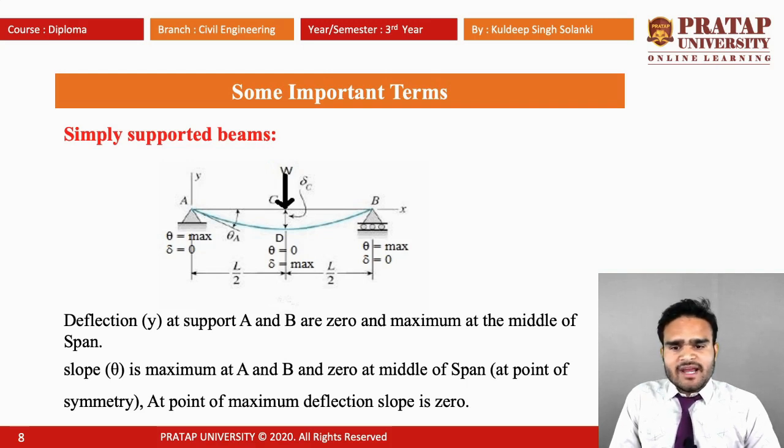Deflection y at A and B is 0 because supports are available, and maximum deflection is at middle span, below the point load. Slope is maximum at A and B, and slope is 0 at middle span, because the tangent and neutral axis are parallel, so the angle is 0.